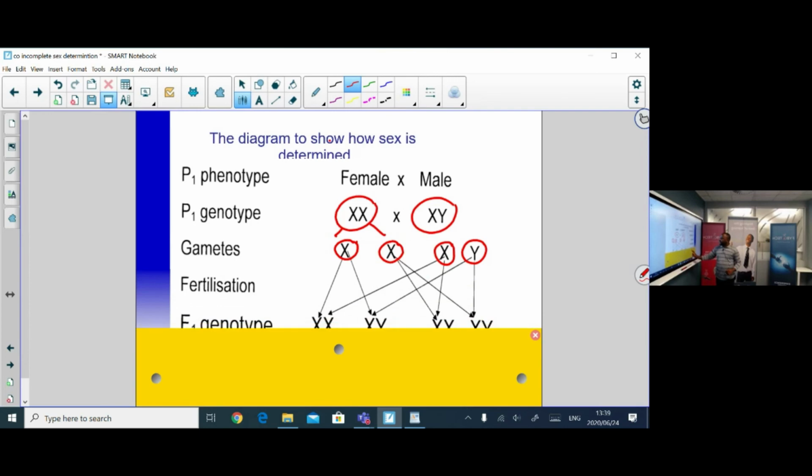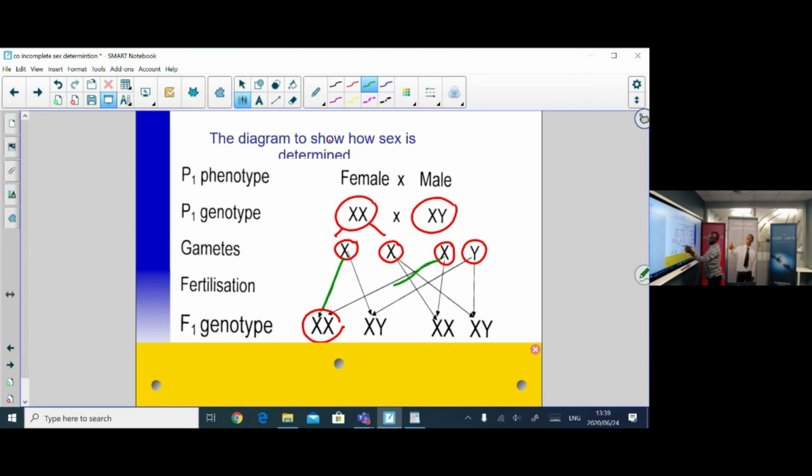What are the possible outcomes of the mating process? We get XX from this X and this X. From this X and this Y, we get XY. From this X and this X, we get XX. From this X and this Y, we get XY.